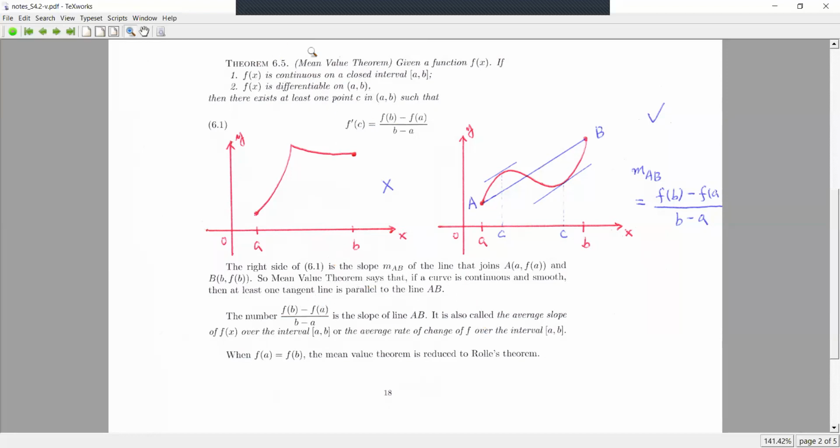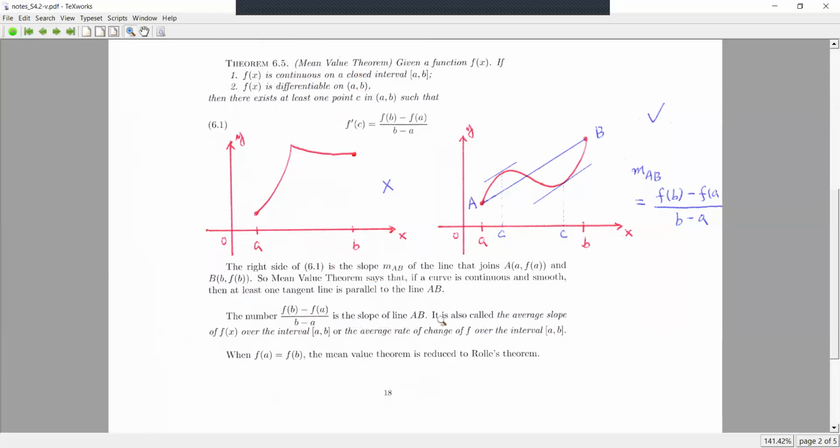This is a calculus language about mean value theorem. And here is a geometrical language about mean value theorem. This number is the slope of the line AB.